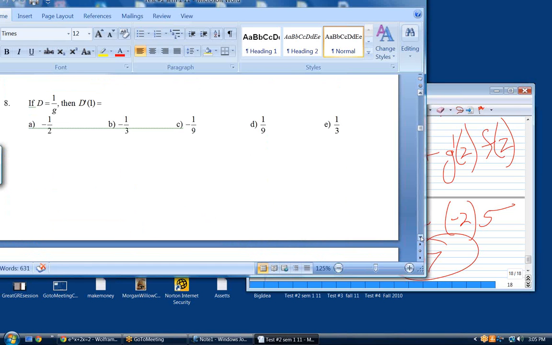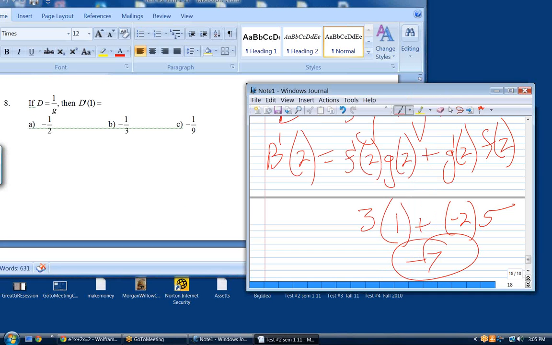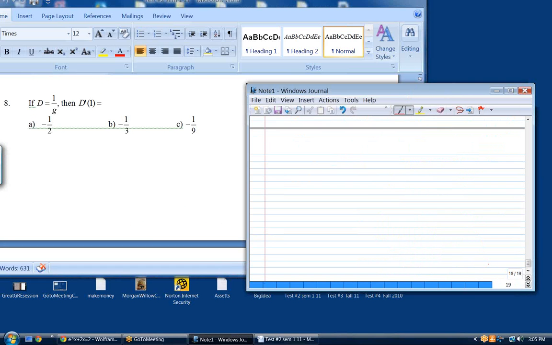What's D prime if D is equal to 1 over G? Then D prime is 1. Use the quotient rule, wouldn't we? Yeah, we just use the quotient rule. What was I thinking? For some reason I was thinking natural log.